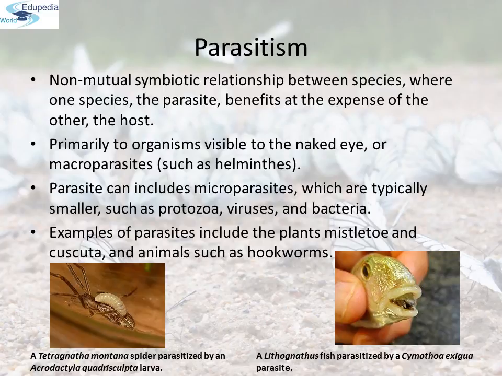Examples of parasites include the plants mistletoe and Cuscuta and animals such as hookworms. These are further examples: a spider parasitized by a larva called Acrodactyla quadrisculpta, and a fish, a Lythrypnus fish, parasitized by a parasite in the mouth, Cymothoa exigua.